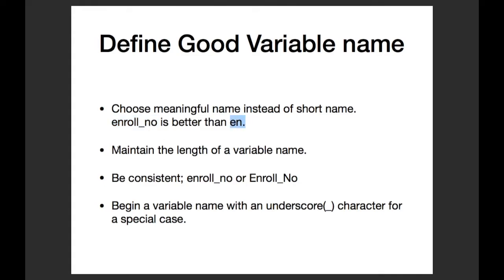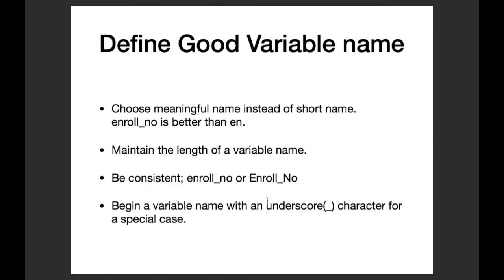Also maintain the length of the variable name. It should not be too big or too small, so maintain the length of variable names and be consistent. Begin the variable name with an underscore for special cases. Suppose we have to define some special characters; for such special cases you begin the variable name with an underscore.